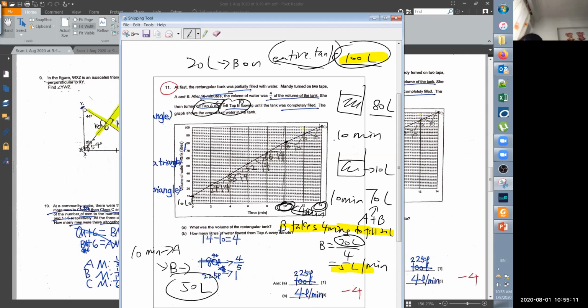And then 10 minutes together they contribute 70L. So that means A only contribute 20L. Am I right? So 20 divided by 10. So that is the rate for A.